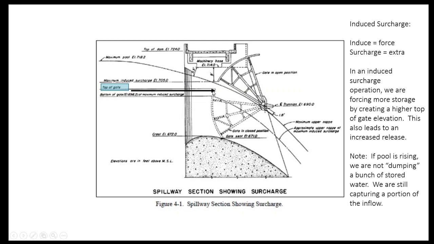And again, we're thinking of the top of the gate in the closed position as being the top of the flood pool. This is showing the gate in the fully open position, but remember that there are increments that this gate will move up before going to the fully open position. And with each increment that it moves up, you're getting a higher top of gate elevation, but you're also increasing the release that's flowing underneath the spillway gate.